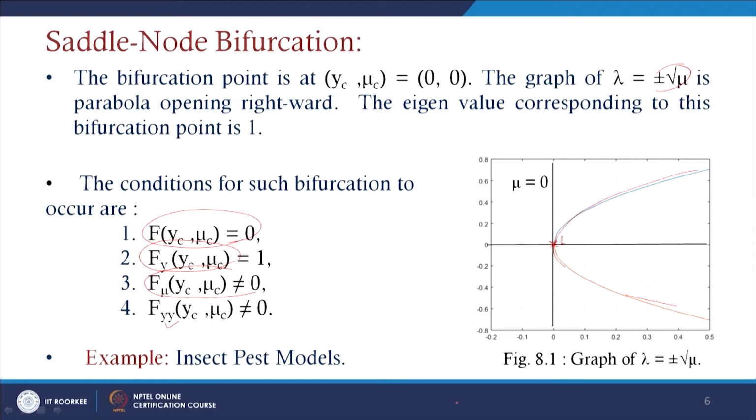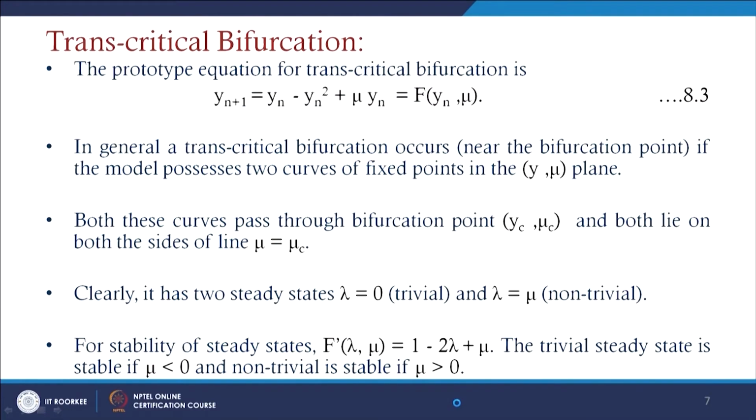For example, if you consider an insect pest model, then we can find where this bifurcation starts or occurs. If we go for the second bifurcation, that is a transcritical bifurcation, the prototype equation is considered as y n plus 1 equals y n minus y n square plus mu y n.